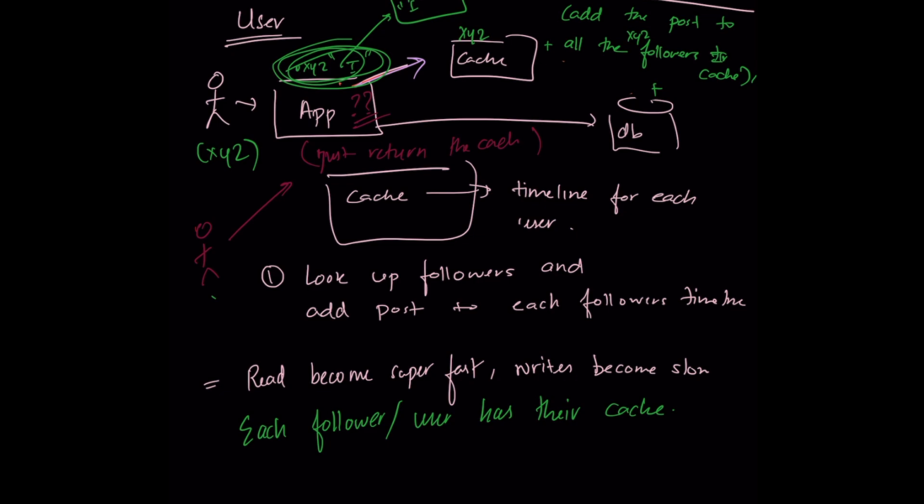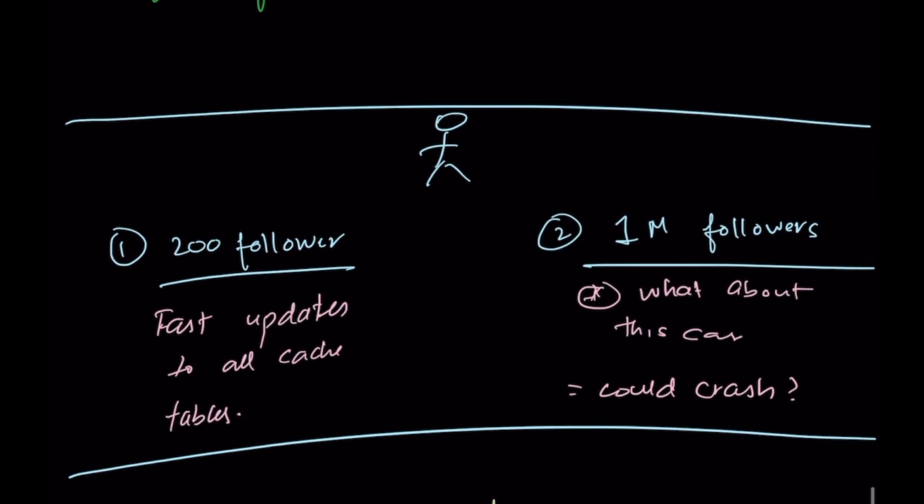Can we think about, okay, should I handle the popular people's posts differently, right? If someone has 200 followers, you can write to all the caches, but for 5 million or 1 million followers, things could crash, things could go wrong. Can we think of another way in which the popular person's posts are not written to 1 million caches?